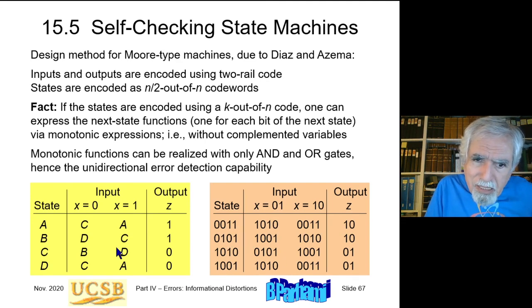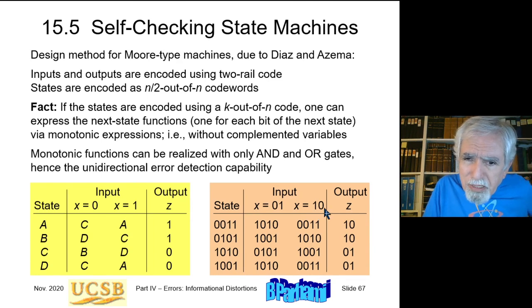And the next states I read from that table and just introduce them here. Input is also encoded as 2 rail. 0 is represented as 01, and 1 as 10. So if one of the input lines is stuck, I can detect that. And the output is also 2 rail.